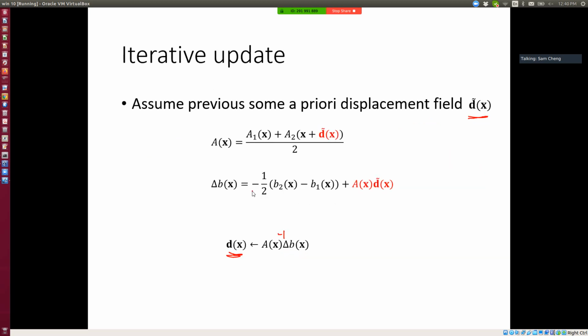So if I shift this A2 by this disparity D tilde here, I need to modify this delta B a little bit also. So I need to add this term for adjustment. Therefore, in the next iteration, I will have delta B replaced by this guy plus this guy, and also my A x replaced by this guy here. Then I can repeat the same procedure again, and then again. So I can get better and better refinement.